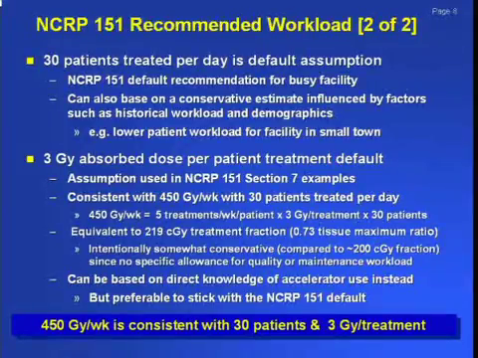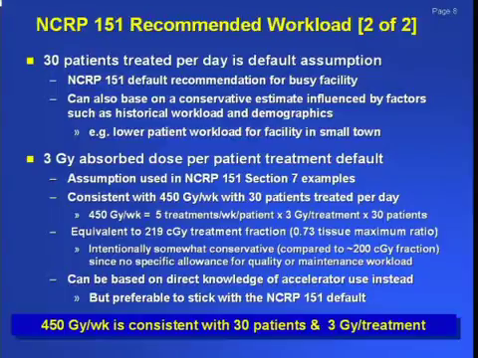The assumptions that are used are also 30 patients per day, and realize that 30 patients per day is not cast in stone. I really don't care how you divide the 450 gray per week up. That is the workload, but the assumption is that that's approximately 30 patients per day.